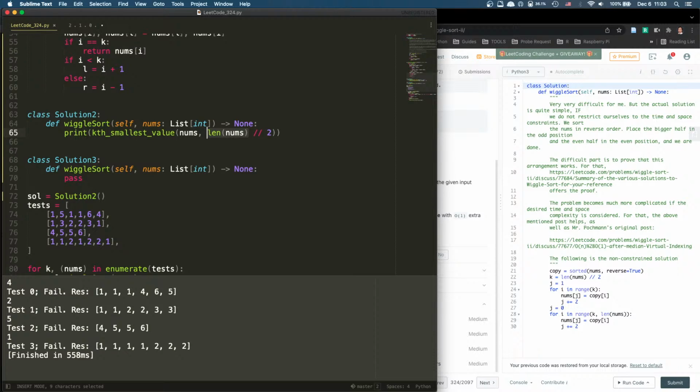Okay, so that should be plus 1, right? No. 0, 1, 2. That's 6. I think it's this one. 7 shall be this one. But 6 shall be 0, 1, 2, 3. That's correct. But this one should be 0, 1, 2, right? It should be 2. Shouldn't it be this one minus 1, right?